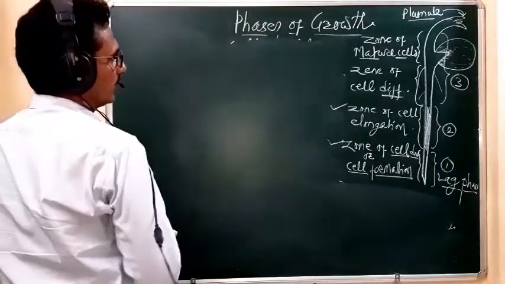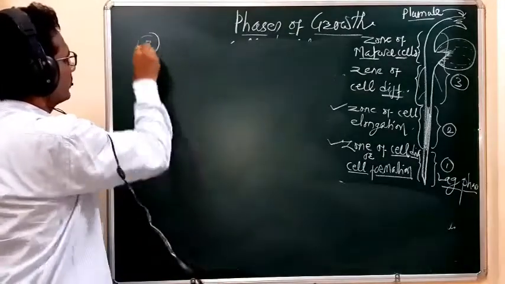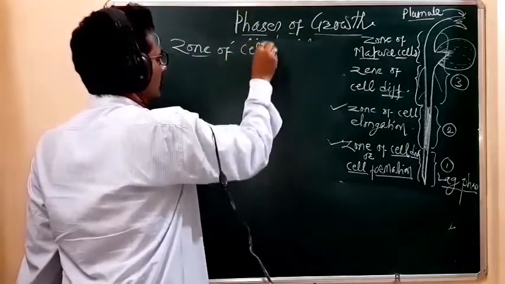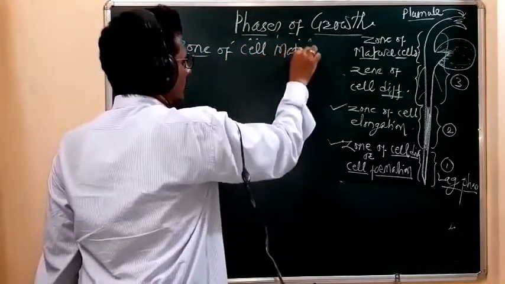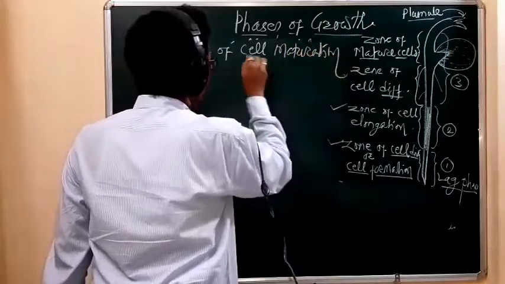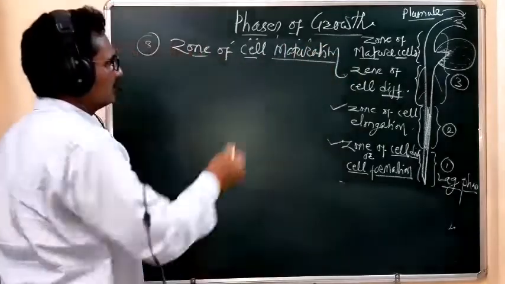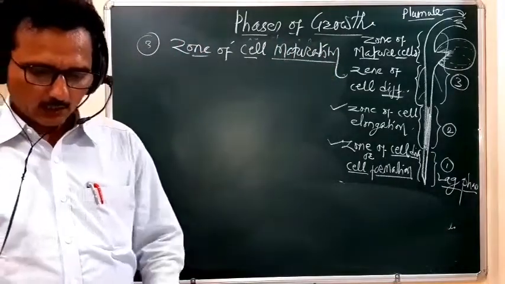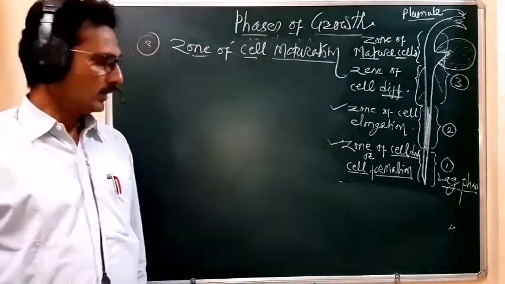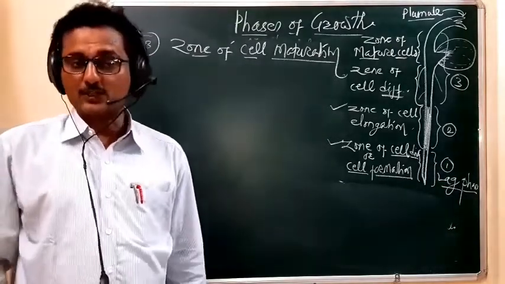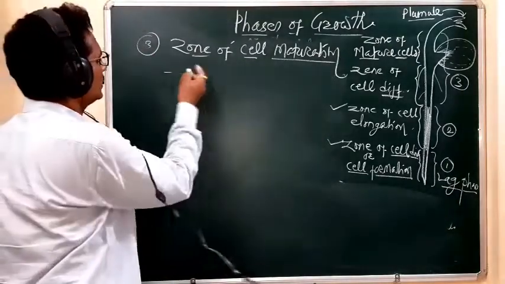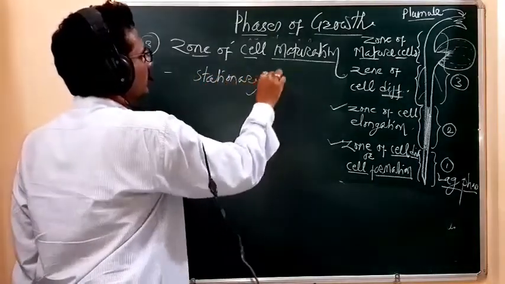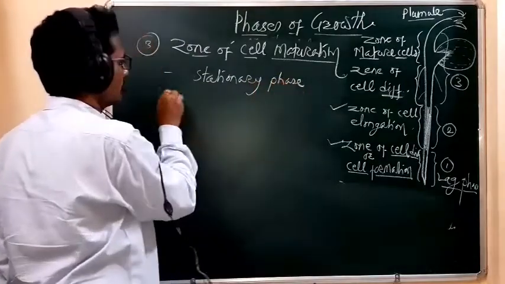The zone of cell maturation. The word itself indicates that the cell gets mature. This phase is also called the stationary phase.